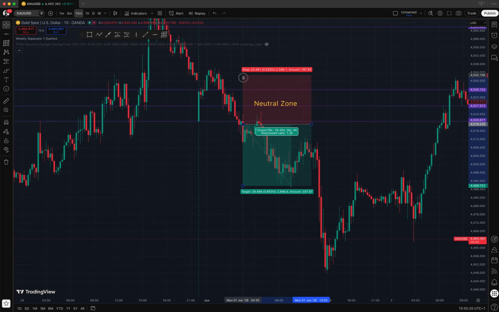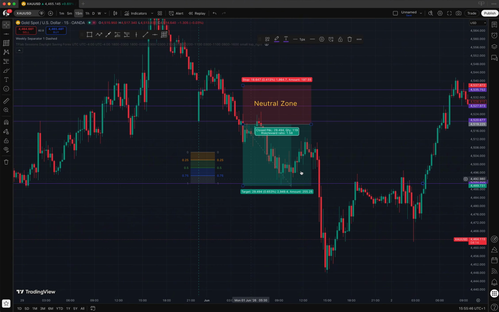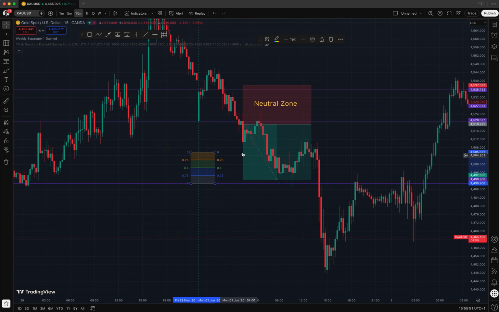My stop loss is outside the box here like this, and I'm counting the same, and I project twice the neutral zone now on the downside. 1 and 2. Just a little before to make sure it hits the take profit, and as you can see, it took it.